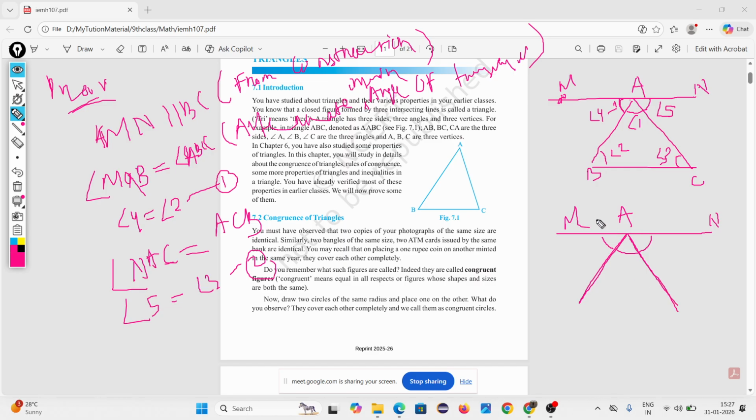Remember, if on a straight line a number of angles are created, then one property is there: all these angles sum to 180 degrees. Angle 4 plus angle 1 plus angle 5.